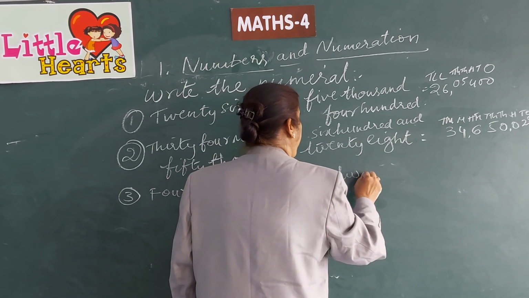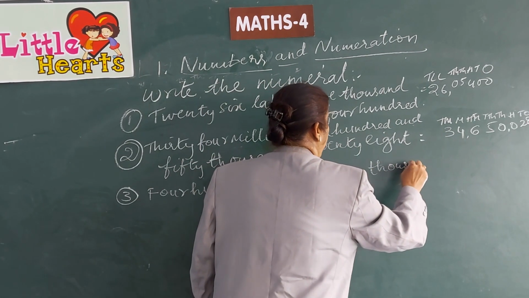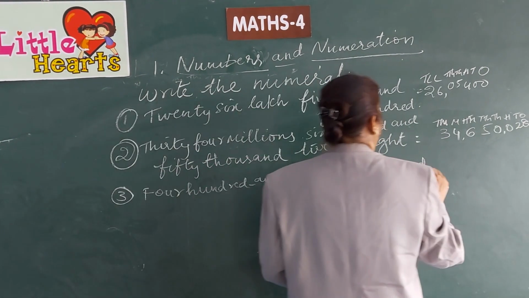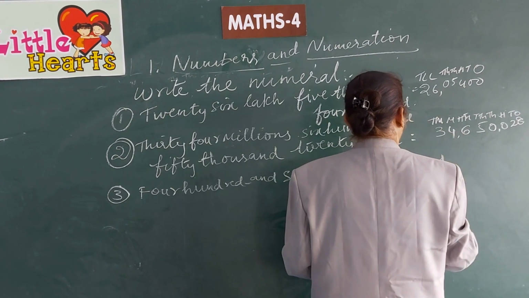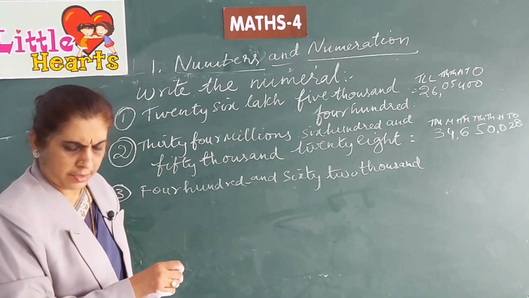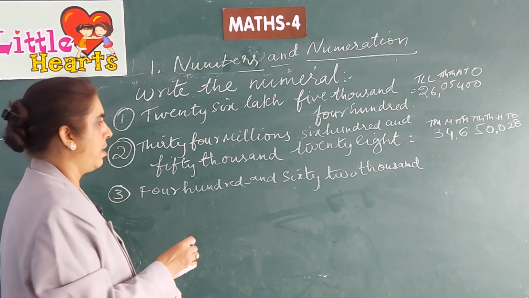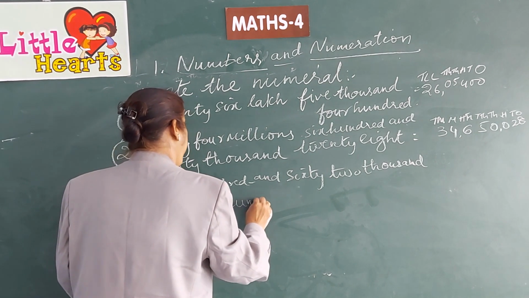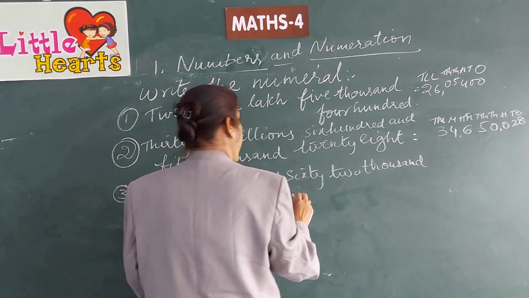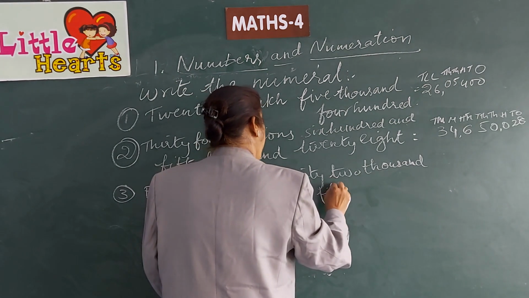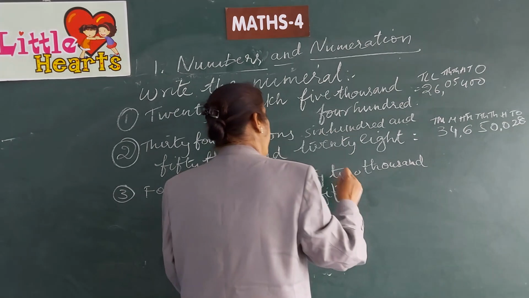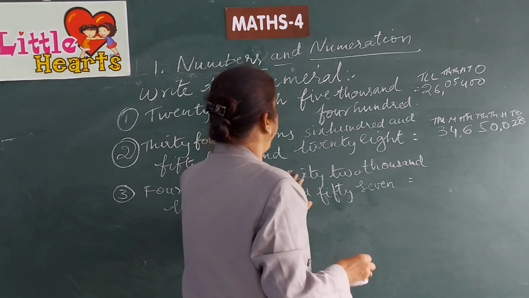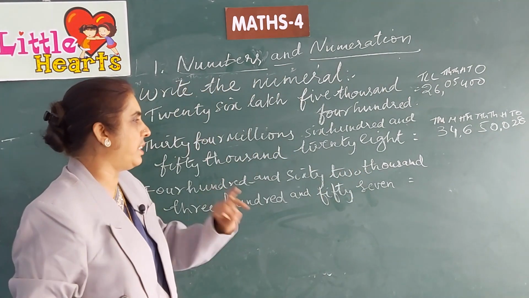462,000 and 300 and 57. So 462,000, that means there are 3 digits in the thousands period.